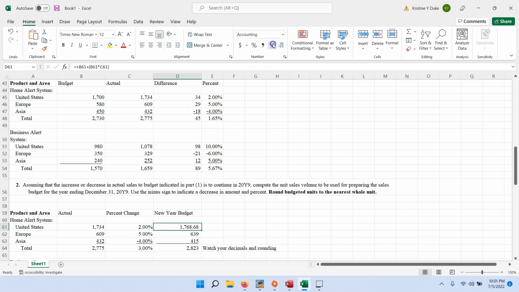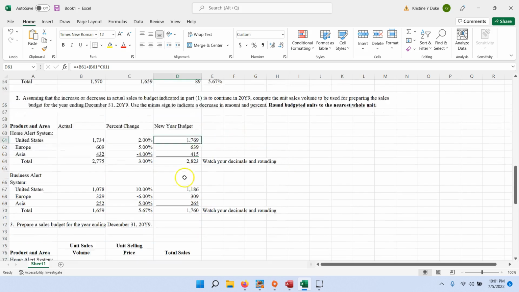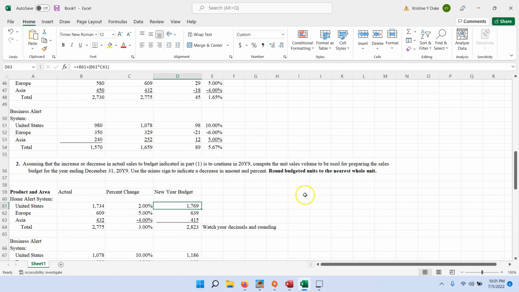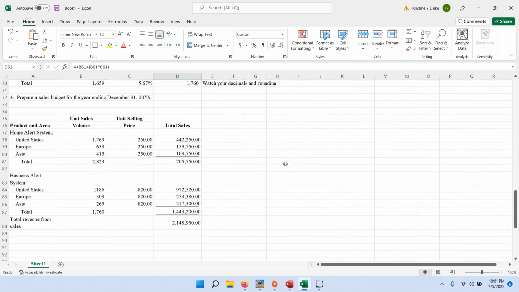Again, if I was to do anything with this, I would have fractions, but the book says no fractions allowed. So I did that, came on down, and now I'm going to plug in the information. Up here at the very top, it tells me that we're increasing the home to 250 and the business to 820, so I already input that.